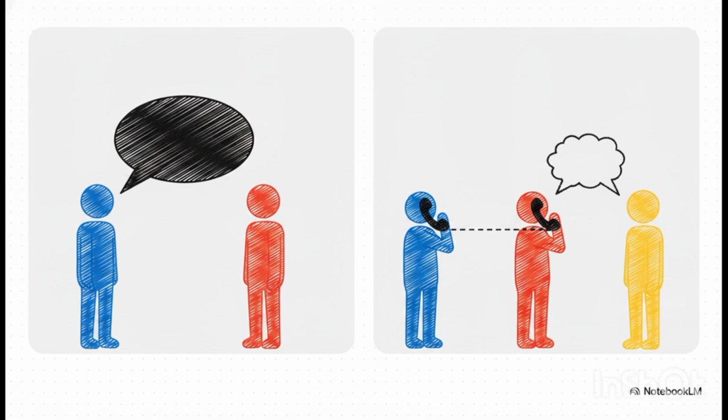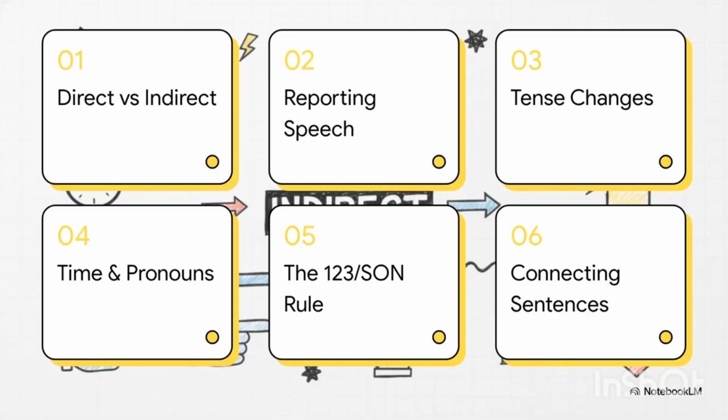You aren't acting like a tape recorder just playing back the audio. Instead, you're conveying the core message in your own words. It's basically the difference between someone saying, "I am hungry," and you telling someone else later, "He said that he was hungry." We've got a super clear 6-step roadmap for today.